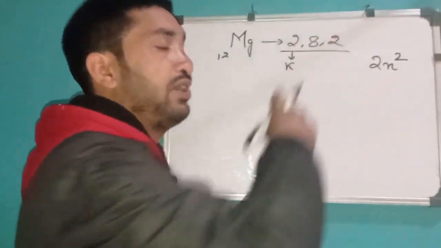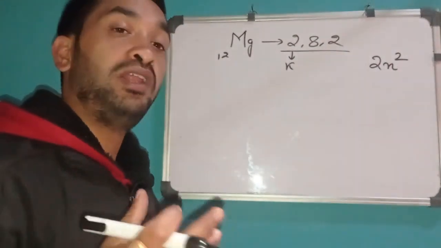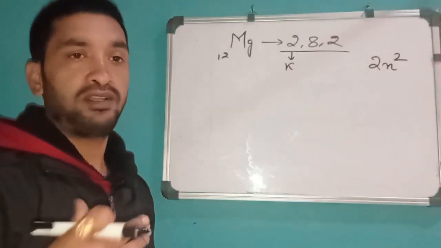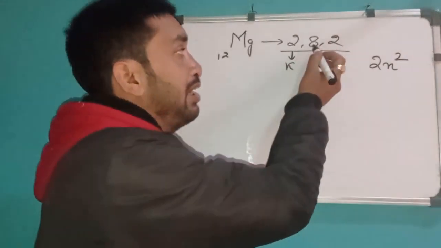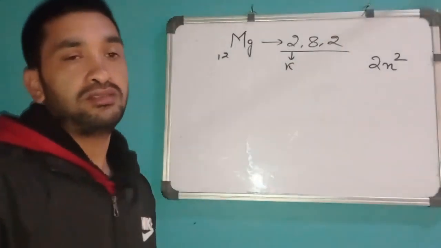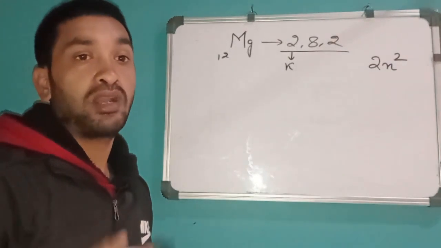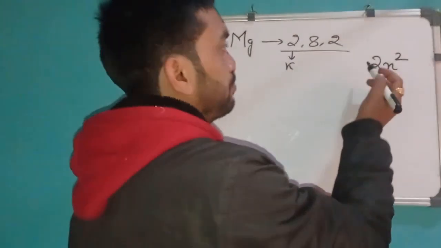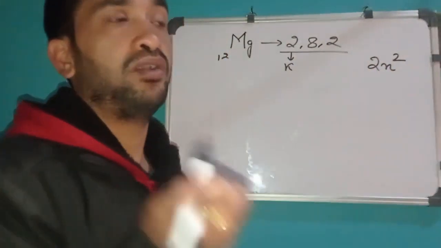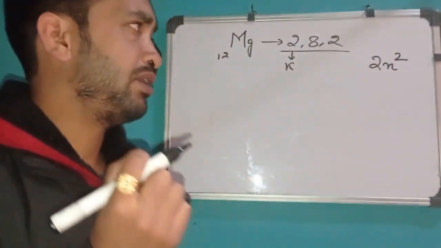How many electrons you can fill here, that is different. And how many electrons should be there for stability, that is different. I hope you understand. How many electrons can come, that is 2n square. But how many electrons should be there, that depends on your stability, means duplet or octet.